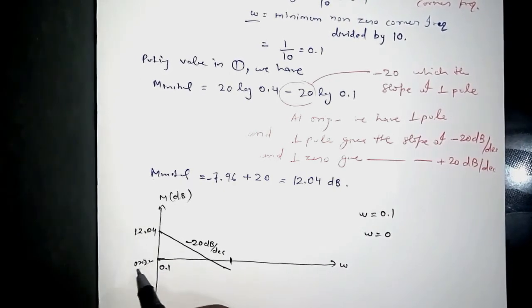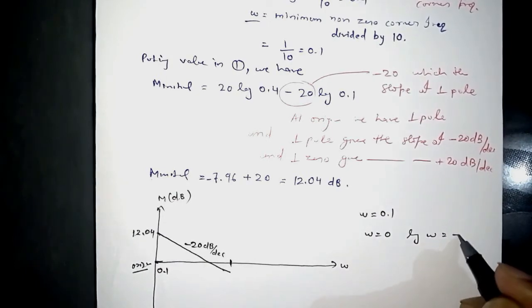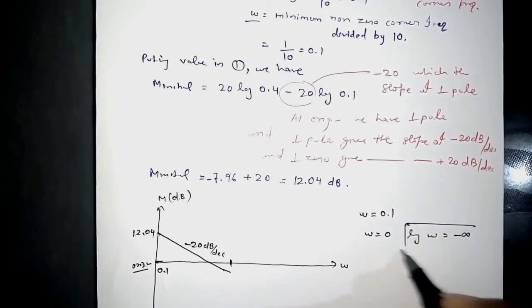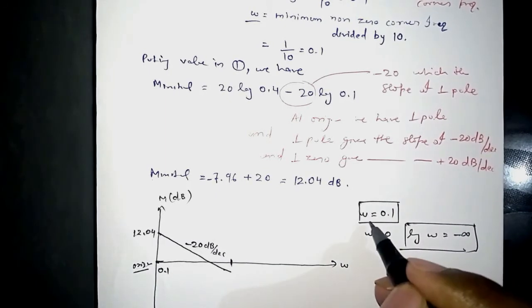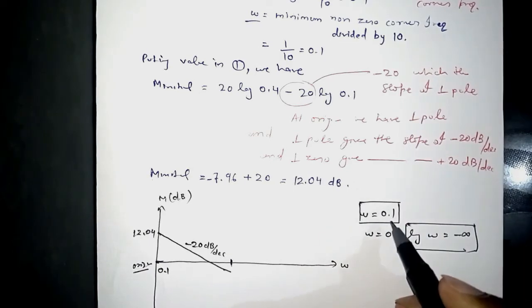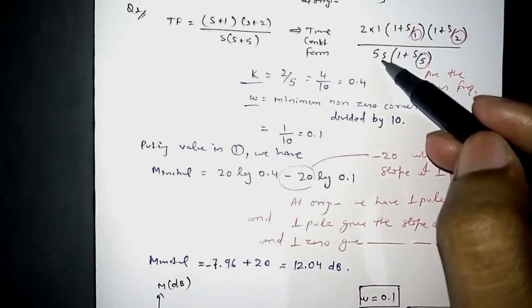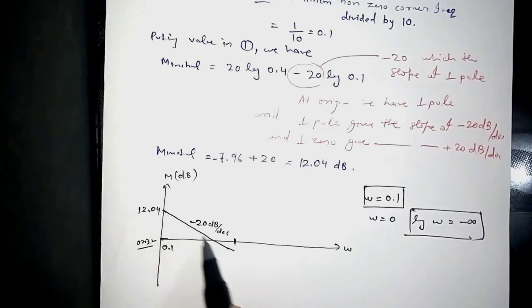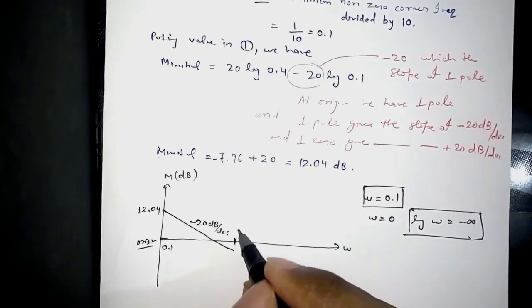This is the origin, guys. If you put omega equal to 0, then log omega will be minus infinity. So that's why we are taking omega non-zero but slightly greater than 0. So omega is equal to 0.1 we are taking here. One pole at the origin gives minus 20 dB per decade of slope. At 1, this is the corner frequency, guys.